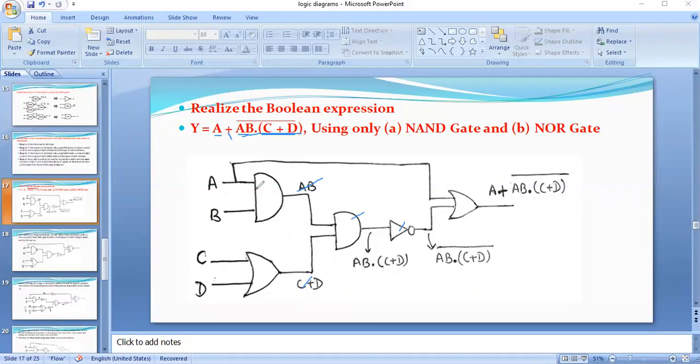In the next step, what do we have to do? For example, if you want to implement this logic function using NAND gates, add a circle to the output of each AND gate, and add a circle to the input of each OR gate.